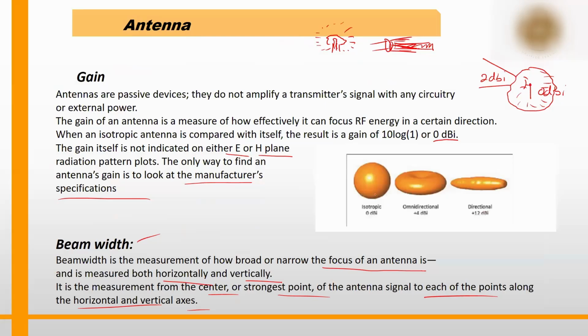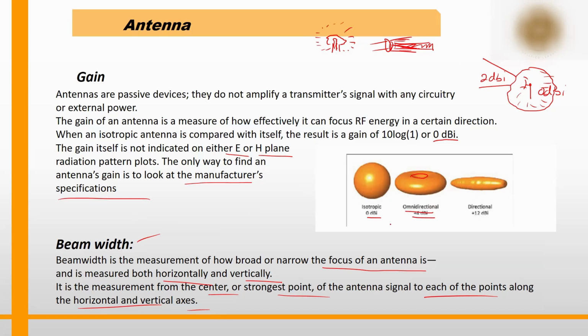You can see this is the isotropic antenna radiation that it can emit in a 360-degree direction, and it is 0 dBi. The same thing when you have an omnidirectional antenna that has a pattern like a donut shape. Just like a balloon, if you squeeze in between, that is the shape it is going to take for the omnidirectional antenna, and it has a gain of plus 4 dBi.